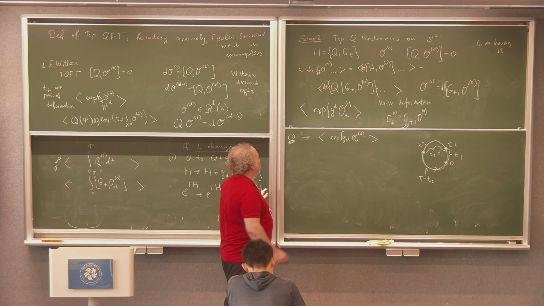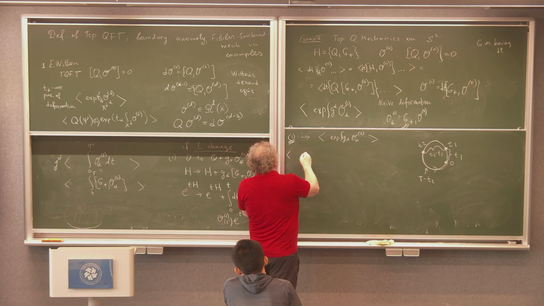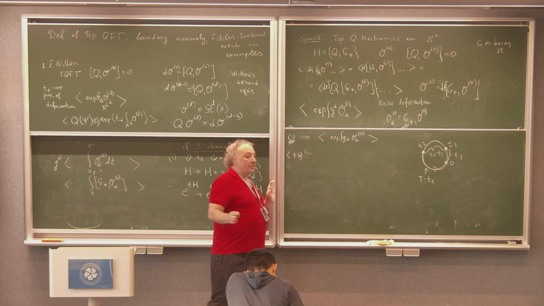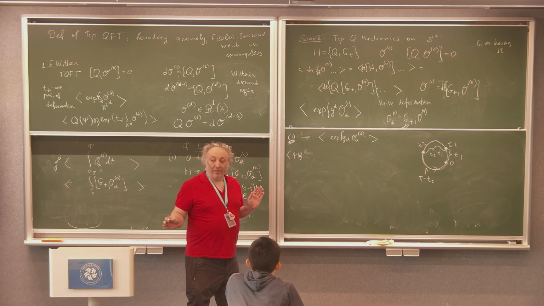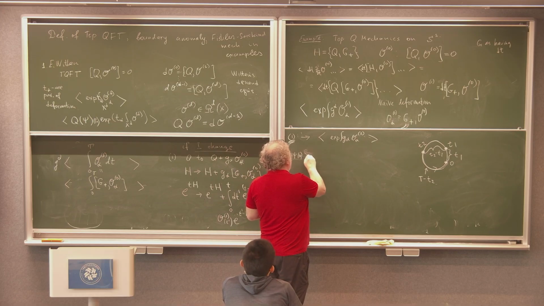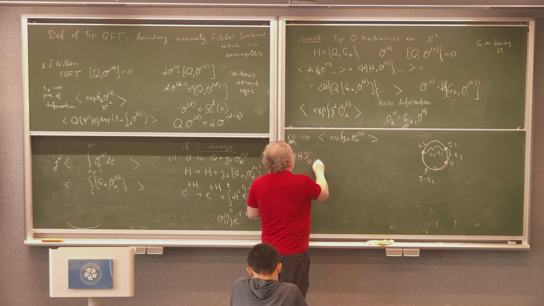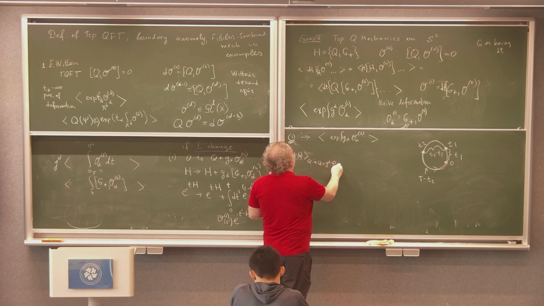So how can I show it? Let me consider some psi here. I'll do something simple. Let me consider the correlator of psi of 0. And let me change Q to Q plus G alpha phi alpha not.